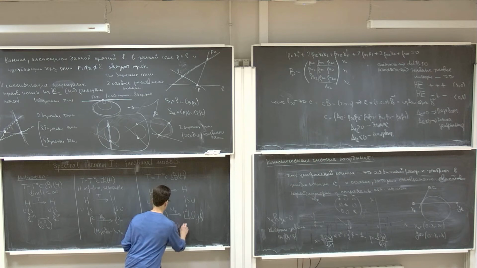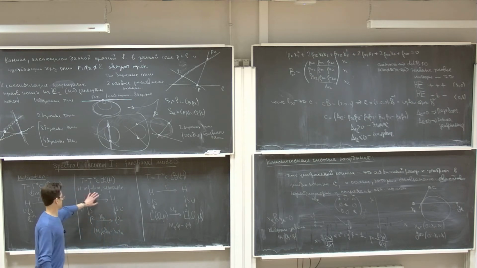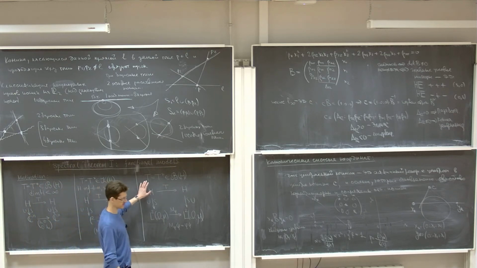So the first two columns are our motivation, and this is our goal. This is what we are going to prove.